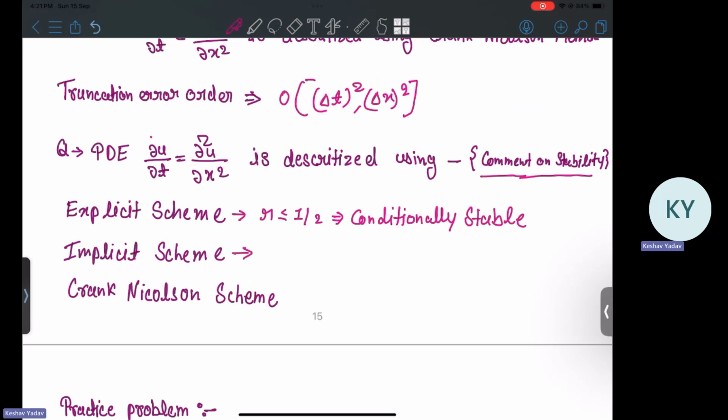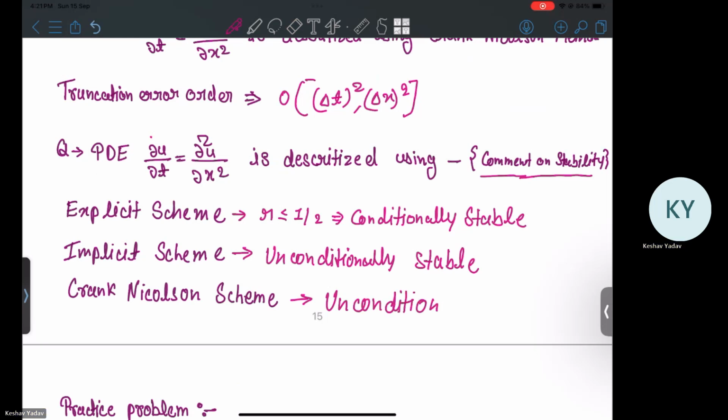This one is always stable, means unconditionally stable. Similarly, this is also unconditionally stable. Okay. So this is the assignment problem.